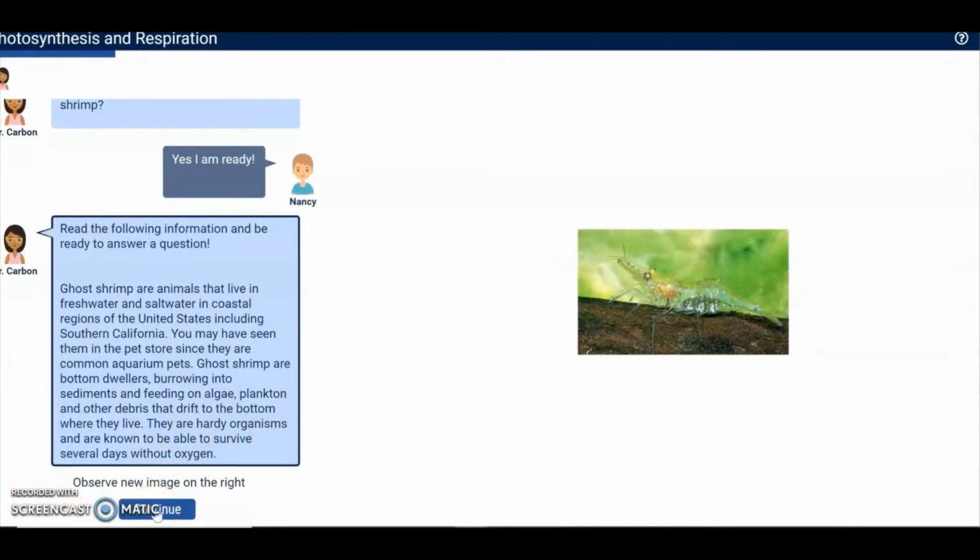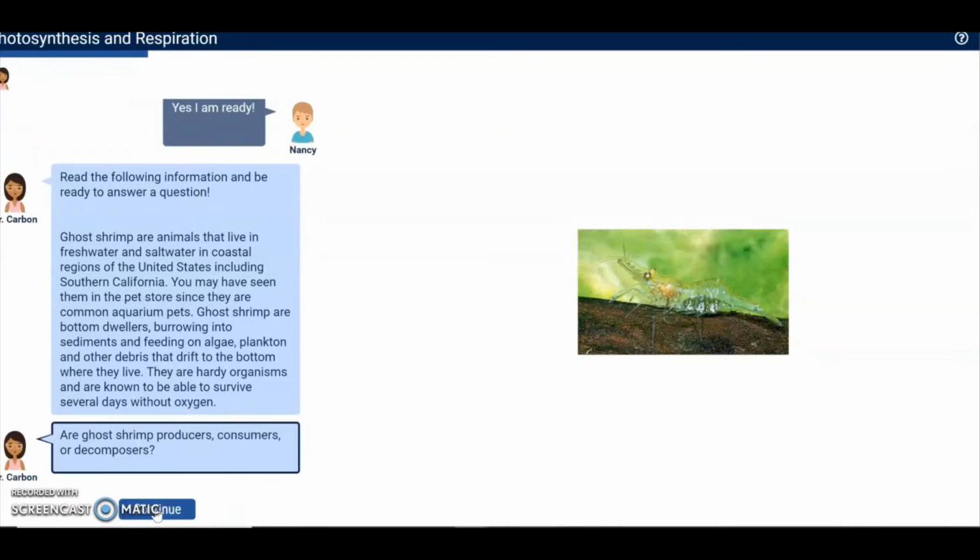So there's a little bit of a discussion about the ecology of gulf shrimp, and then they're asked to identify whether they're producers, consumers, or decomposers.